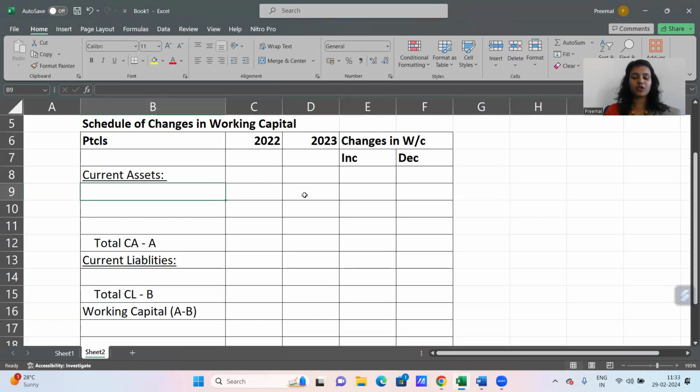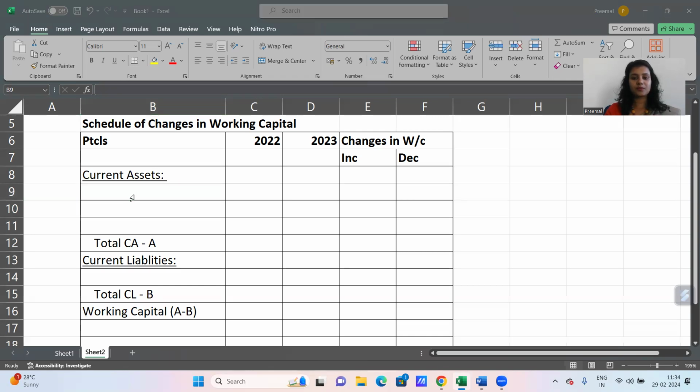Let's look at the format of the schedule of changes in working capital. Particulars, the 2 years for which you will be preparing the schedule, and 2 more columns to show the changes a current item has on the working capital. So we first start with the current assets.